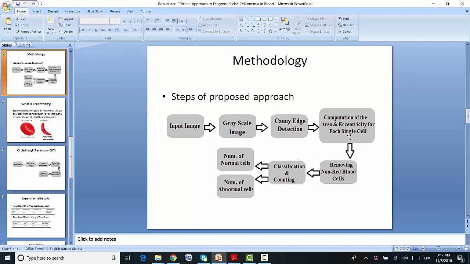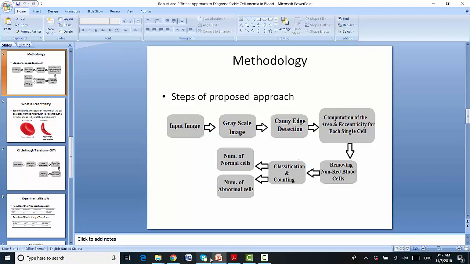After we calculate the area and eccentricity for each cell, the next step is to remove the inner regions, like the inner radius of each cell.